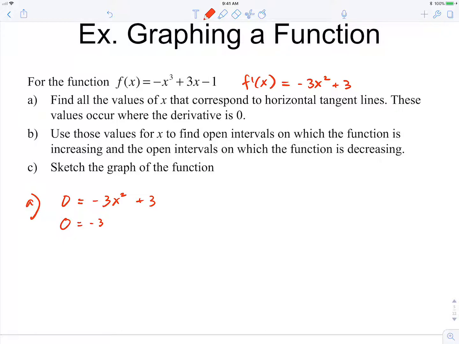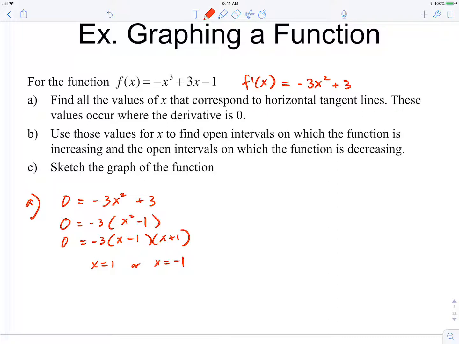And to solve for x, I'm going to factor out a -3 and then factor the difference of two squares. Okay, so now we're going to use those values of x to find the open intervals where the function is increasing and the open intervals where the function is decreasing.